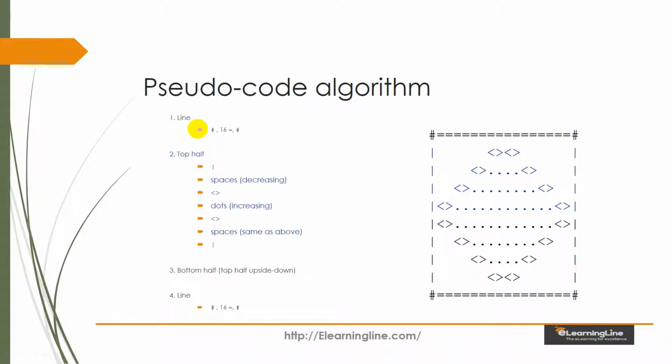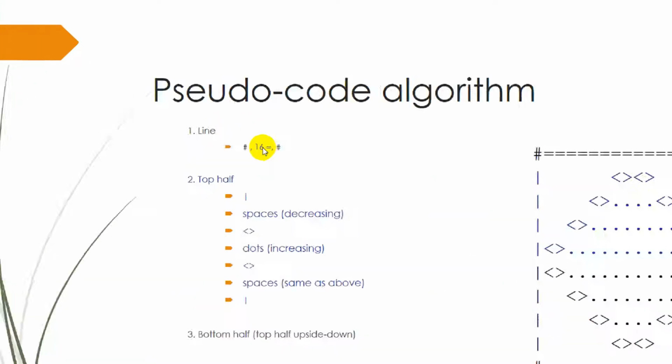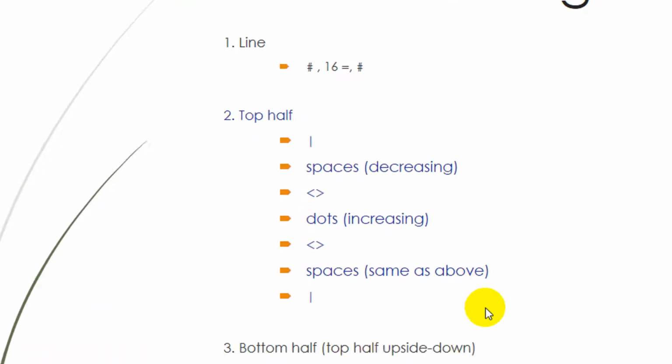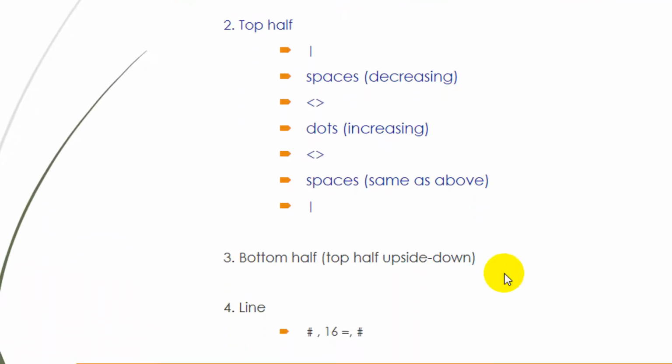Okay. The first is, this is going to be the line: print a hash, 16 equal signs, and a hash, and then this is your entire pseudocode to generate. So just review it and it will generate this diagram.